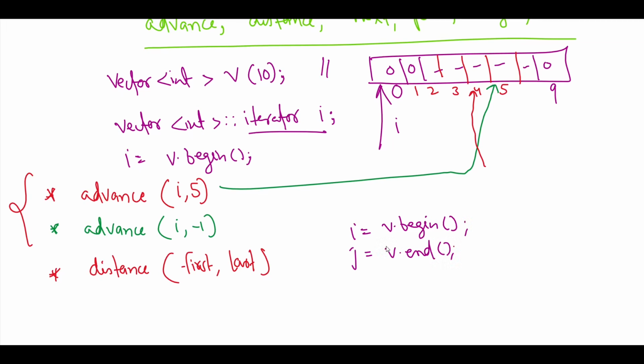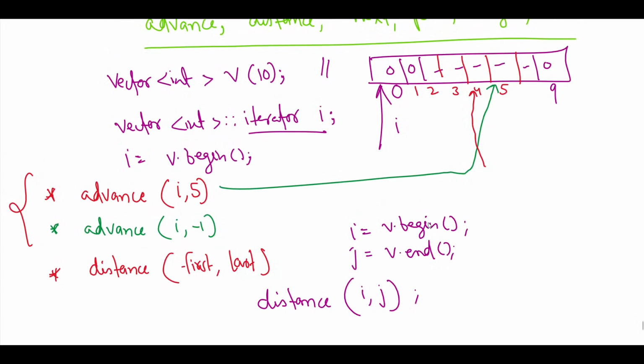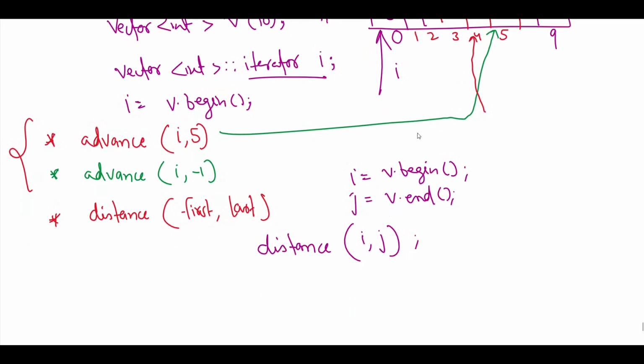Now I am going to call this function distance and pass I and j here. So in this case, as we have 10 elements, this distance is going to return the number of elements, or you can say the distance between first and the last iterator. So it will return 10 here. Clear? Because we have 10 elements and the difference between this begin and end.